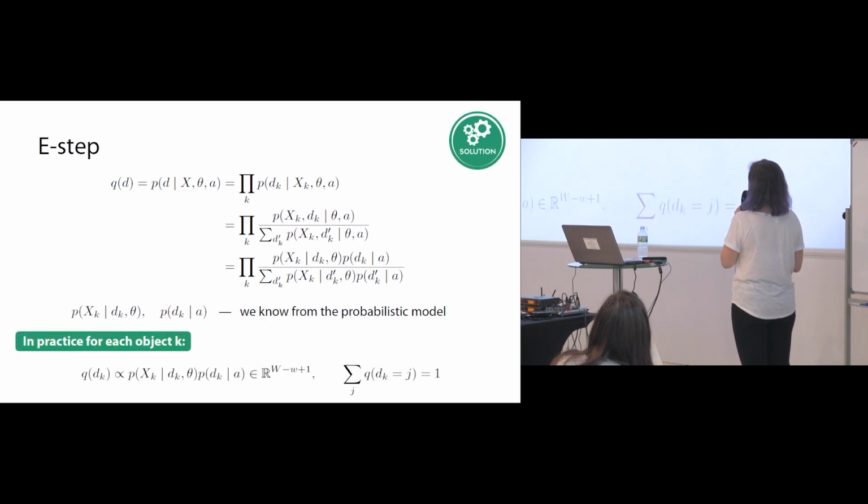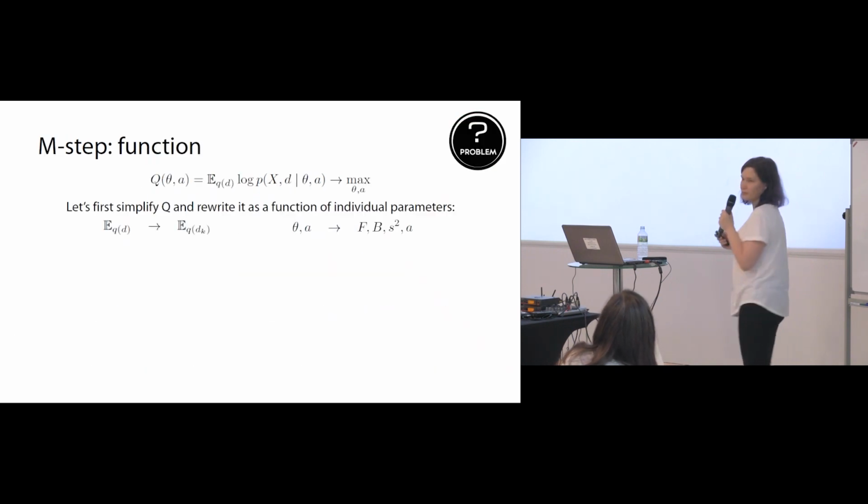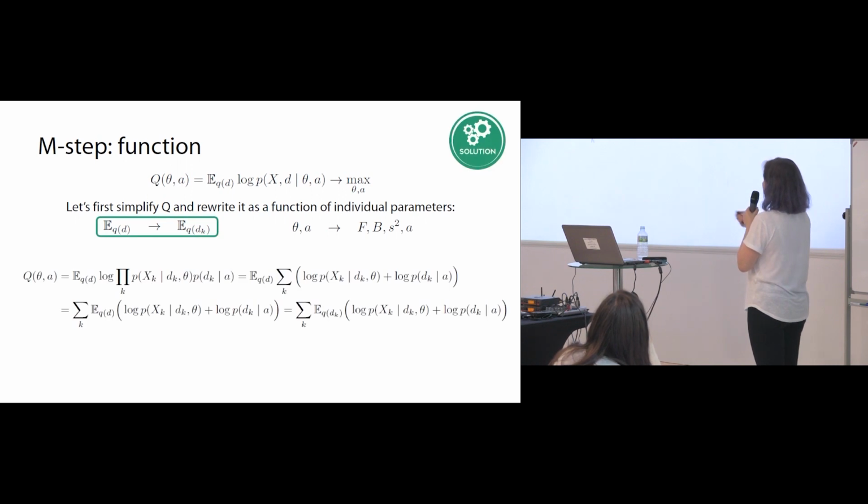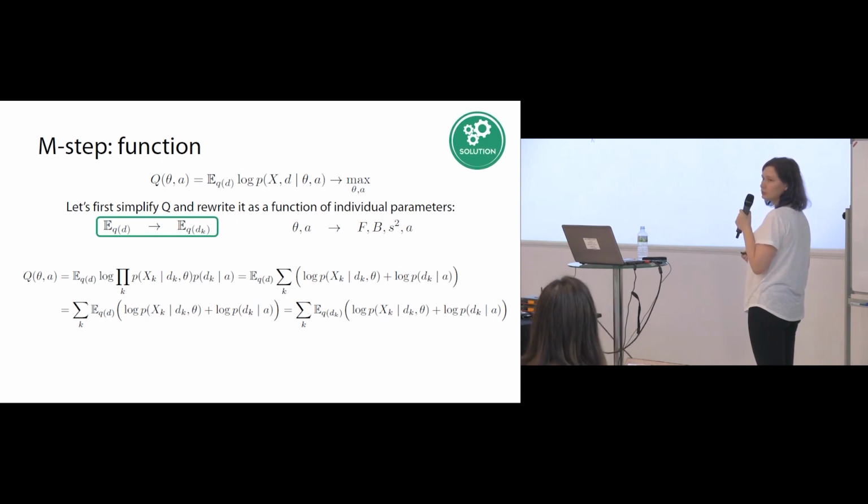What did I mean when I said let's simplify the function? First, we will speak about this point. This is our function q, which we want to optimize. This is its initial state. Then we simply use the formula from our probabilistic model. Then we use the fact that the logarithm of a product is the sum of logarithms.